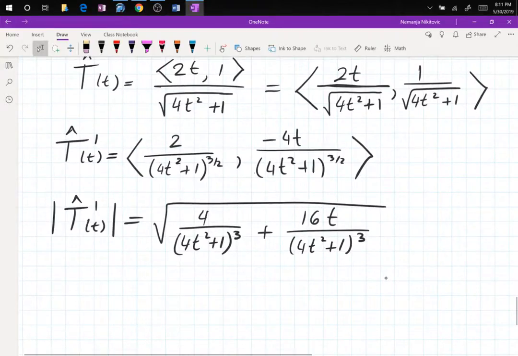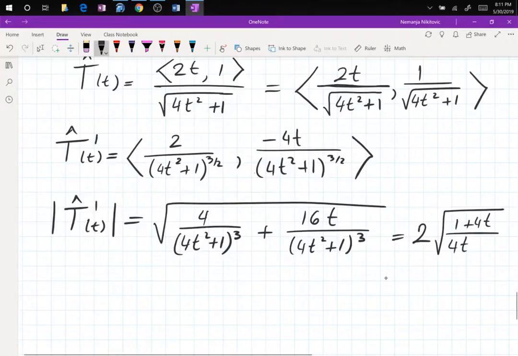And we can factor out 4, which escapes the square root as a 2 in front, and we have the square root of 1 plus 4t divided by 4t squared plus 1 cubed. But isn't that the same? It's beautiful the way this simplifies, right?